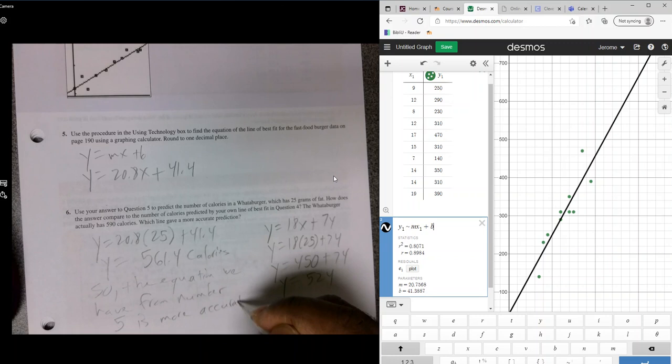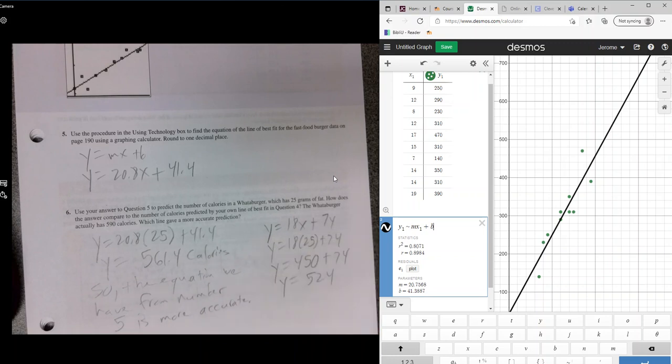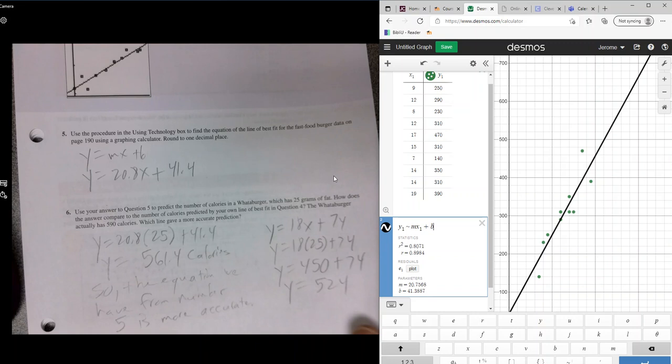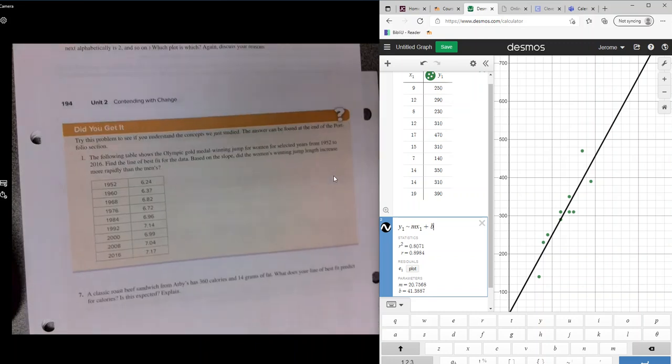Now we move on to the next page. It says a classic roast beef sandwich from Arby's has 360 calories and 14 grams of fat. What does your line of best fit predict for calories? Is this expected?